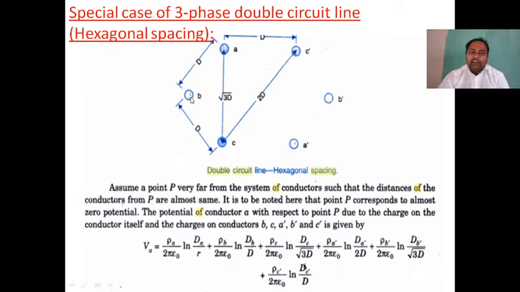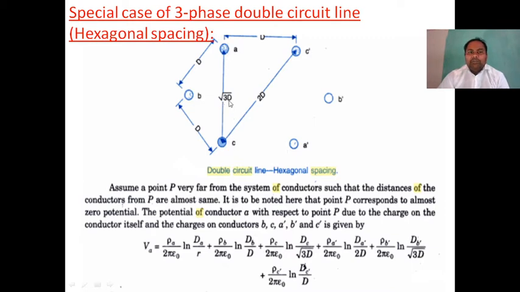The distance between conductor B and point P. D is the distance between conductor A and conductor B. Similarly for conductor C, having charge rho C: rho C by 2 pi epsilon naught log dC by, where dC is the distance between conductor C and point P, and the distance between conductor A and C is root 3 times D.